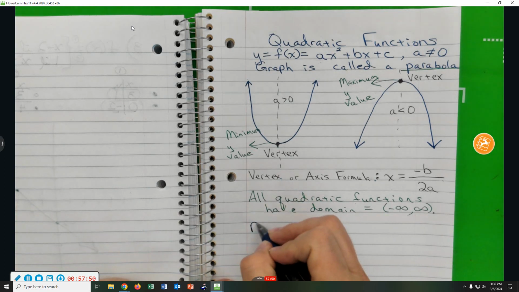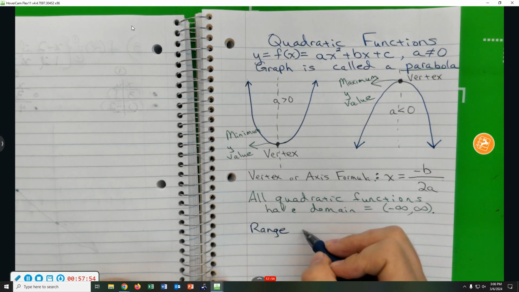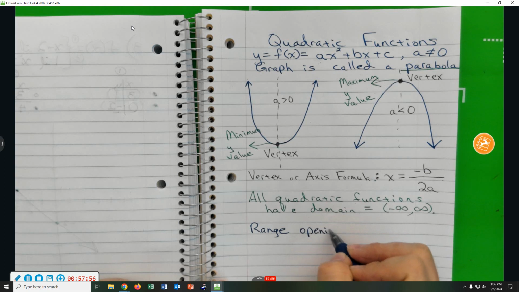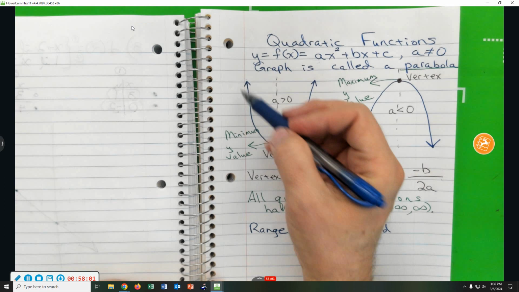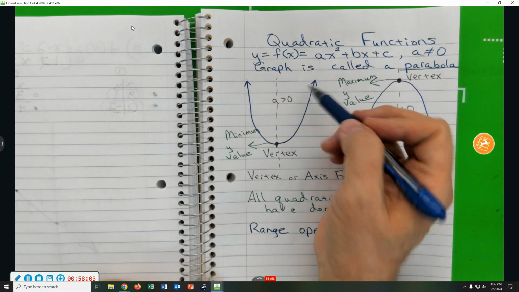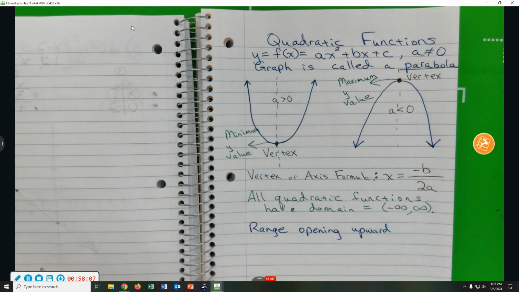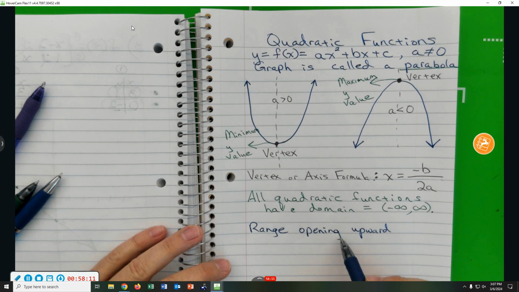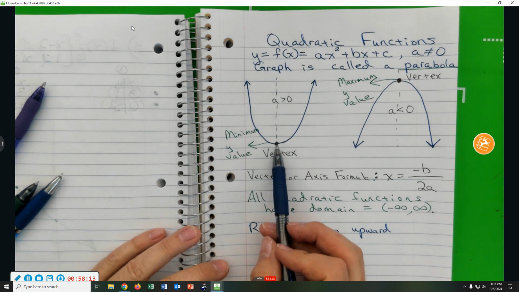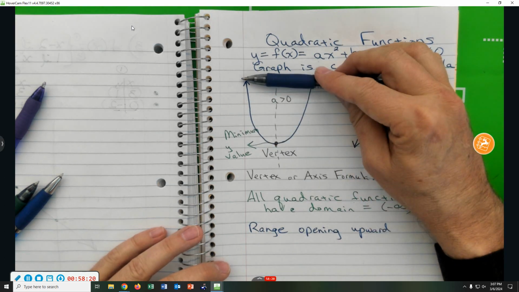So for the range, if the parabola is opening upward, first of all, do y'all understand what I mean when I say opening upward? Are y'all clear why I say this is opening up? The opening side is at the top, okay? We said the y value of the vertex would be the minimum. Then every other y value on it has to be bigger.